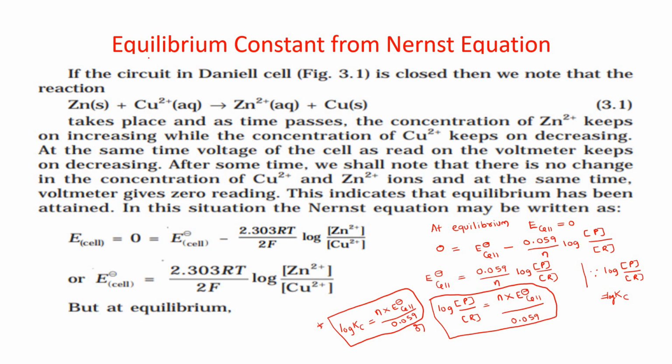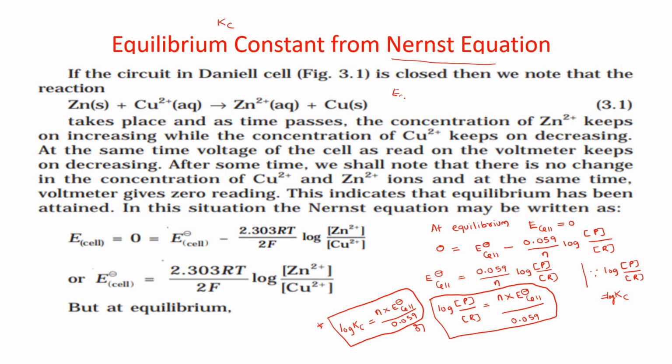Next, in this video we'll look at how to calculate the equilibrium constant Kc by using the Nernst equation. We already discussed how to write the Nernst equation. So what is the Nernst equation? Very simple.